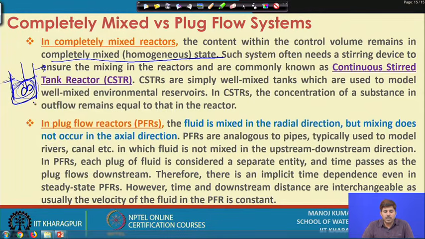So, this stirring device is one of the key aspects of a continuously mixed reactor, and that is why these reactors are also known as continuously stirred tank reactors. So, the tank where there is continuous stirring. These are called continuously stirred tank reactors, or commonly pronounced as CSTR.